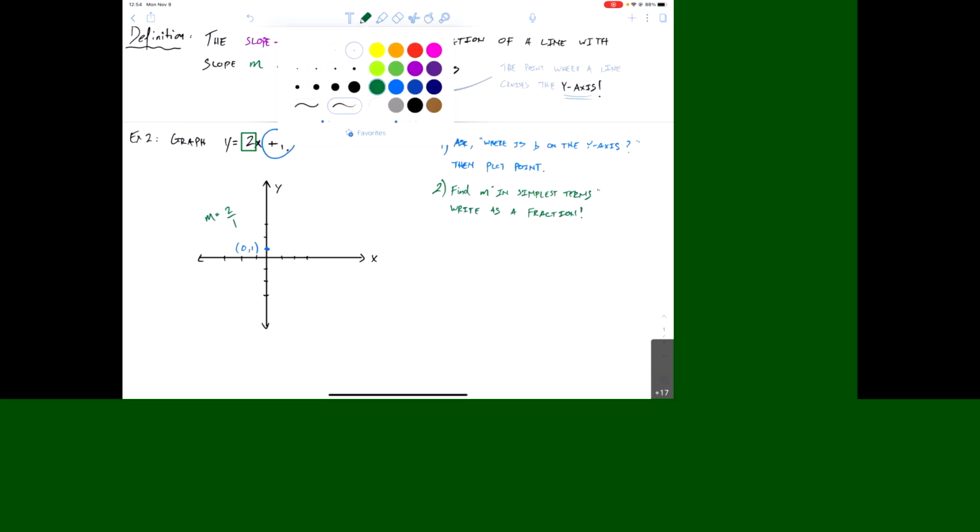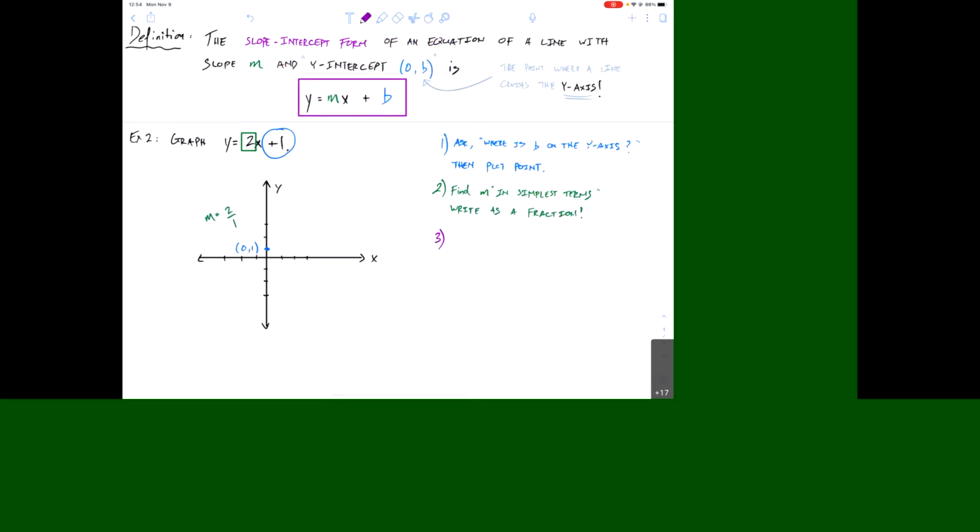Then the last step is to plot the next point using rise over run, and remember that's always in the y direction, up.